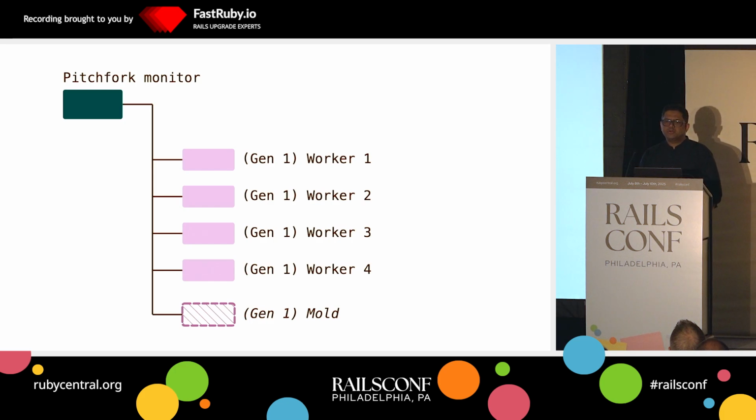Due to an operating system bias on how traffic is distributed, some workers will handle significantly more traffic than others. Since the criteria for promoting a worker into the new mold is the number of requests it has handled, it's almost always the most warmed up worker that ends up being used as a mold.